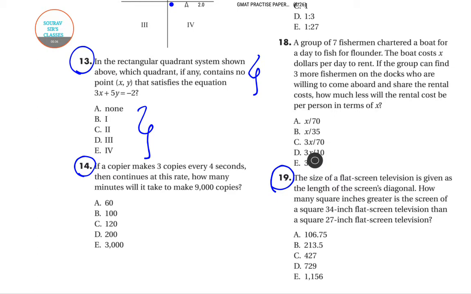Now question number 19 reads that the size of a flat screen television is given as the length of the screen's diagonal. How many square inches greater is the screen of a square 34-inch flat screen television than a square 27-inch flat screen television?